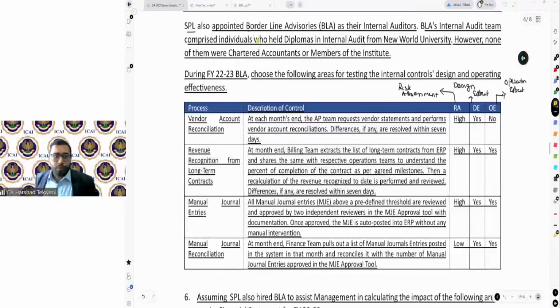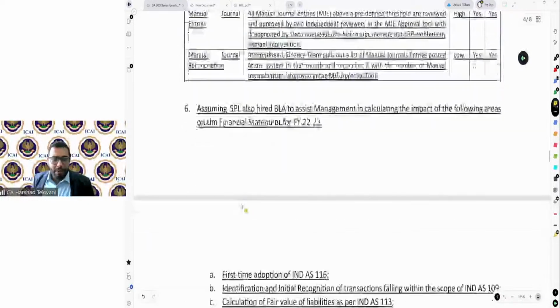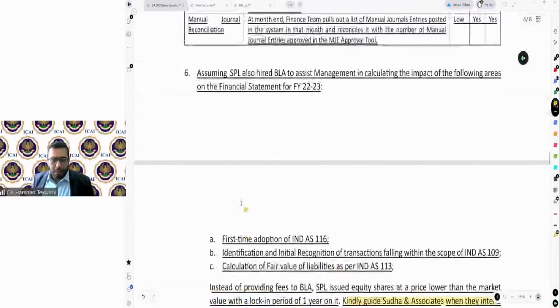Number two, the level of competency of the internal audit function, how much competent they are. Number three, whether the internal audit function applies a systematic and disciplined approach, including the quality control. So, if I want to rely upon the work performed by internal auditor, I need to see three things. One, as I told you, it will be objectivity.